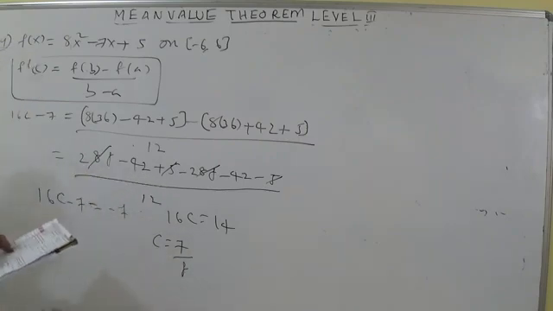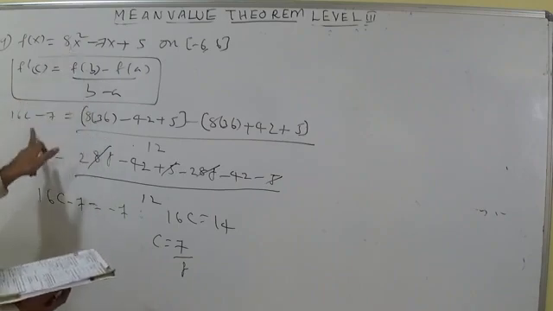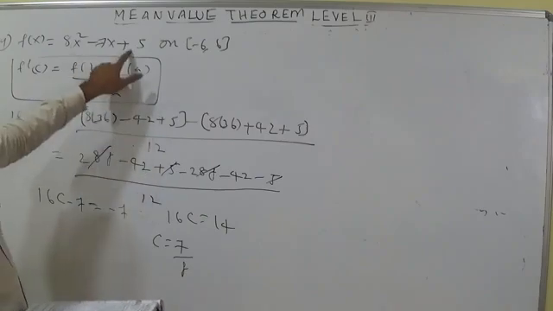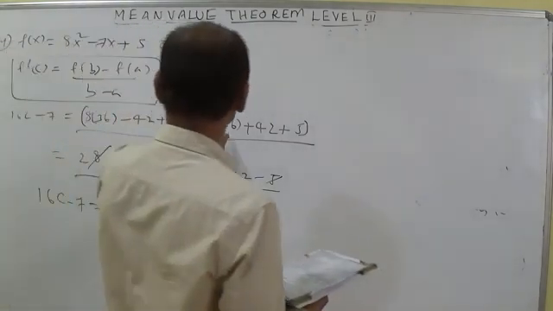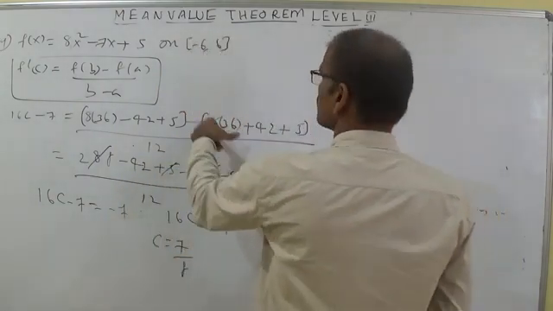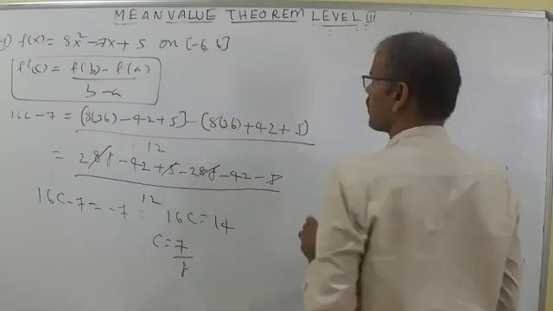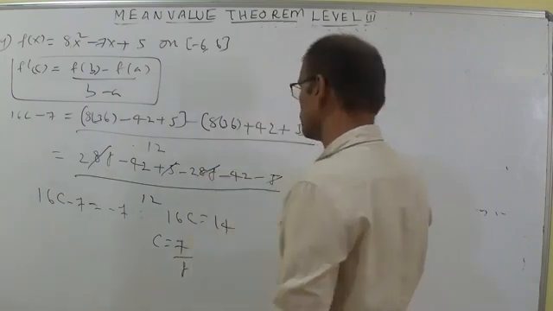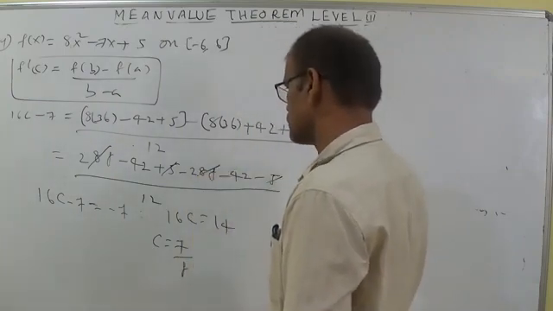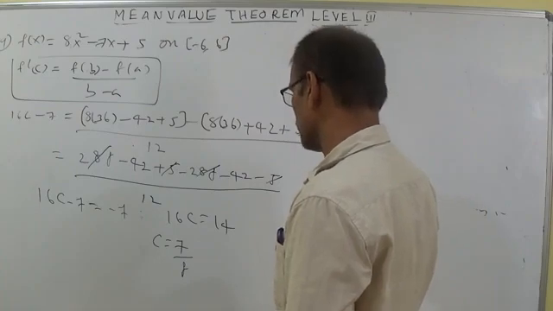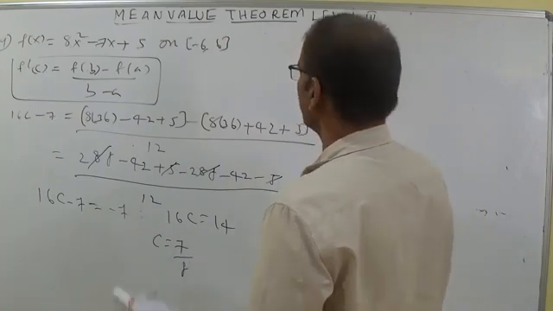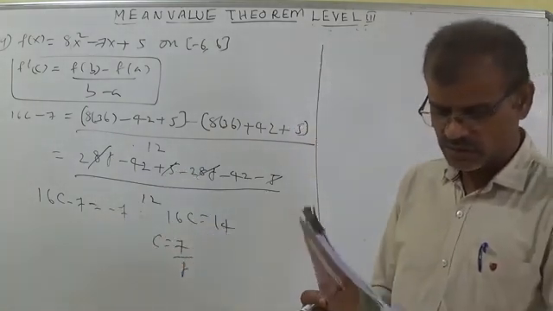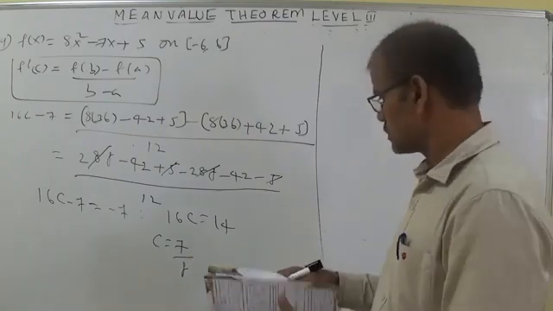The derivative is 16c minus 7. 8 into 6 square minus 7 into 6 plus 5, minus 8 into minus 6 whole square, 36, minus 6 plus 42 plus 5, 288 minus 42 plus 5 minus 288 minus 42 minus 5. This is minus 7. Now we got 16c is equal to 14. By Lagrange's mean value theorem on the interval minus 6 comma 6, the value of c we got is 7 by 8.